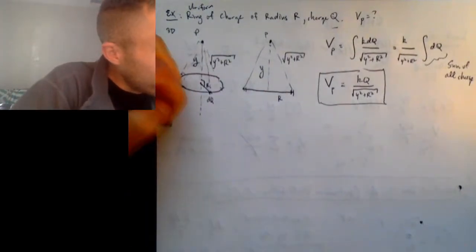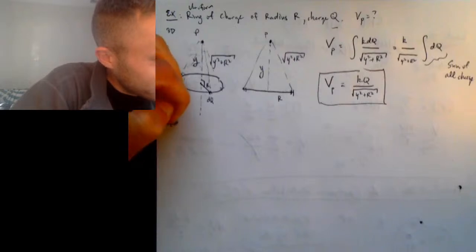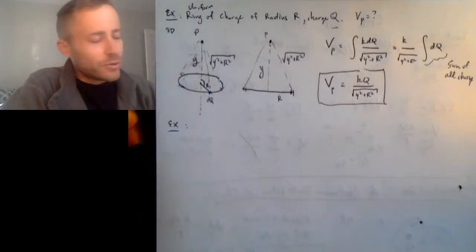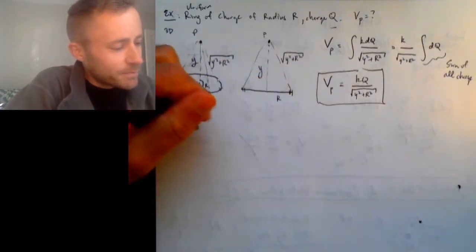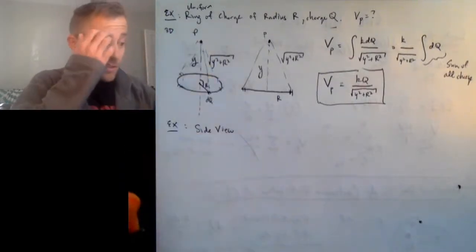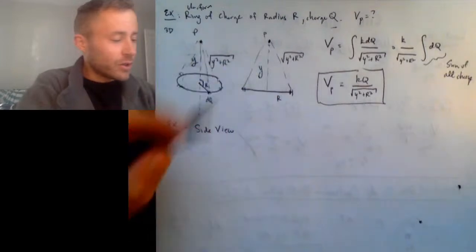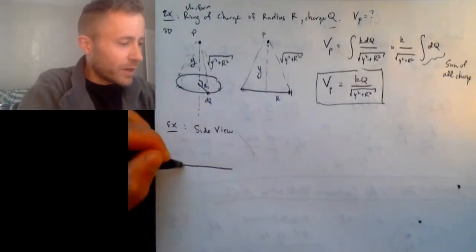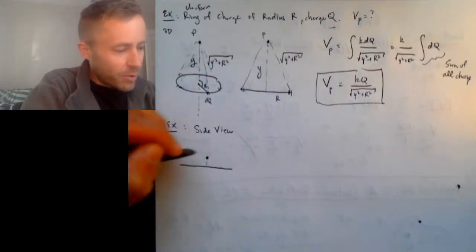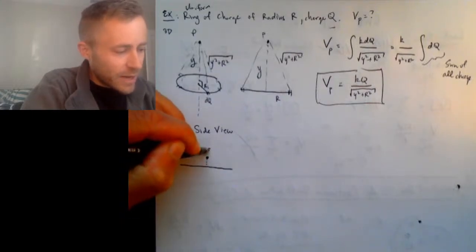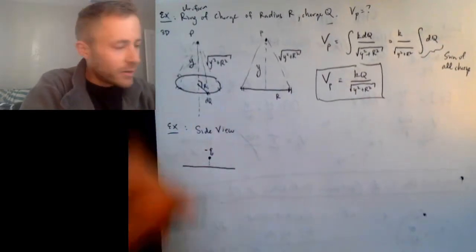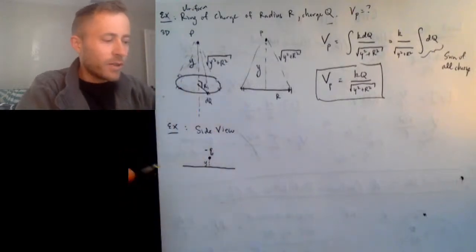So I want to do a little extension to this problem, which I think is interesting. Let's imagine this from a side view. So we have this ring of charge Q, and we're looking at it from the side. And what if I put a charge of size negative little q right here, a distance y above the axis?